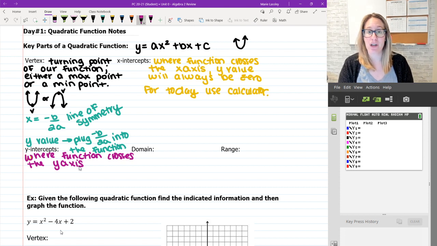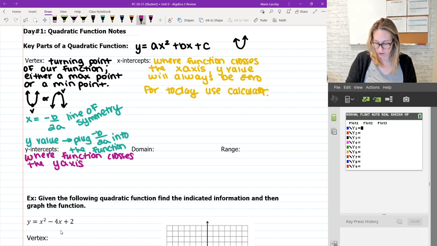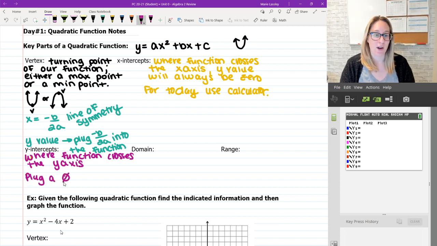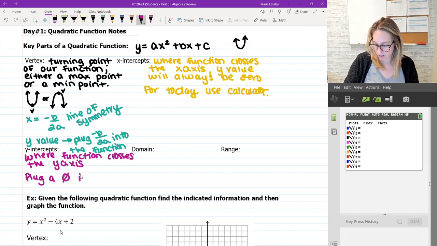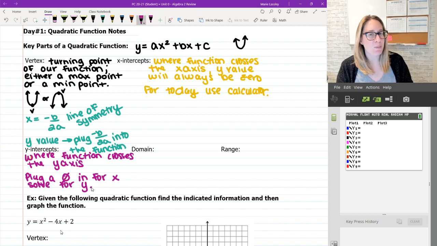And that's what we're going to do to find our y-intercept values. We're just going to plug a 0 in for x. That's how I write my 0, so you know it's not an O. So plug a 0 in for x, solve for y. And that's it. It's pretty simple, right?